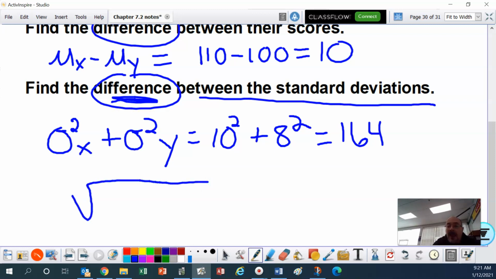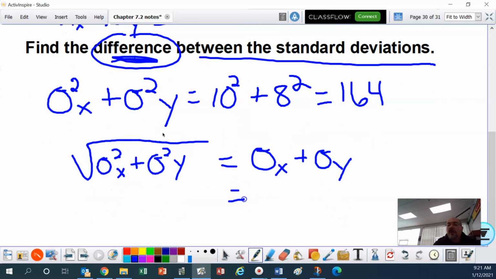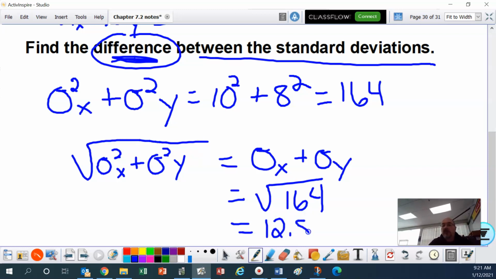And remember, we cannot subtract. We have to add. Now we take the square root of that. That's going to give us the standard deviation of the difference. Notice my notation. So we end up with 12.8. So the standard deviation of the difference in this golf game is 12.8.